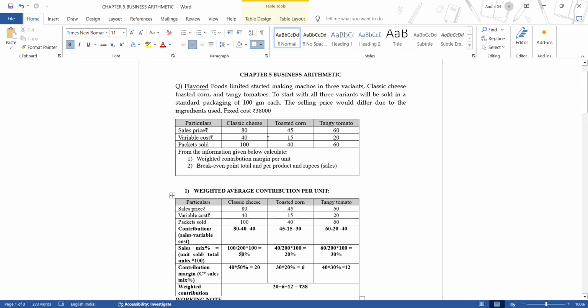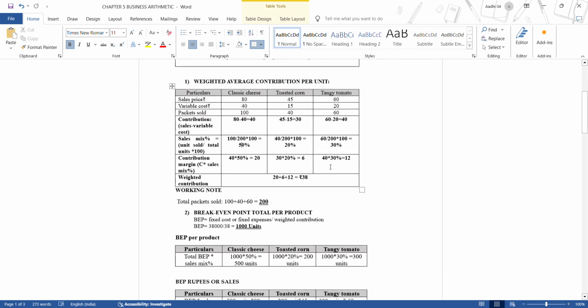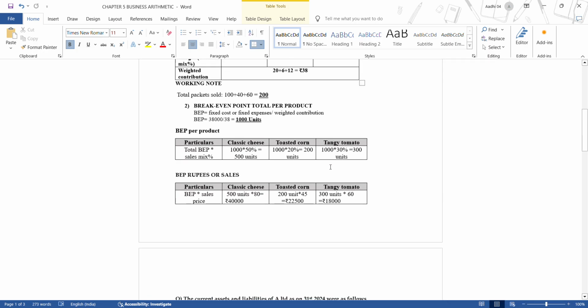Now we can go to the second question, break even point per product and in rupees. So you have to find break even point in total, break even point per product, and break even point in rupees, or in other words sales. So break even point in total product.